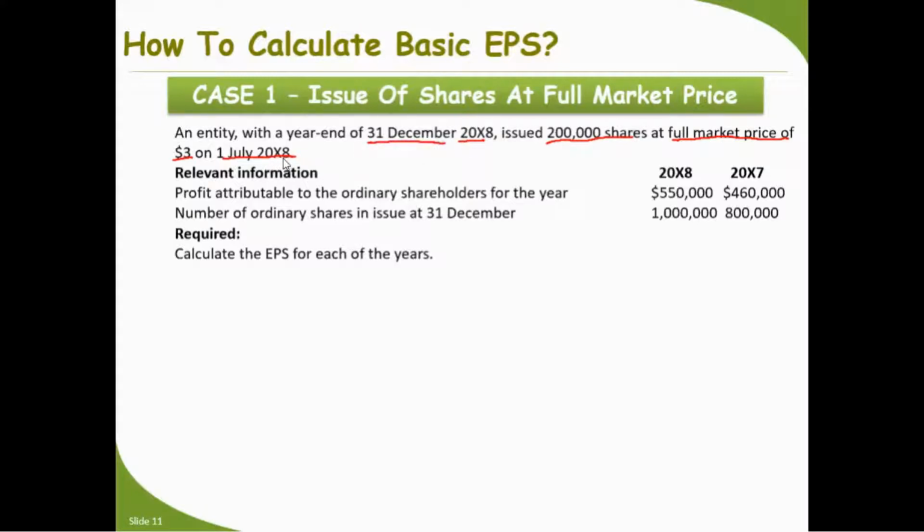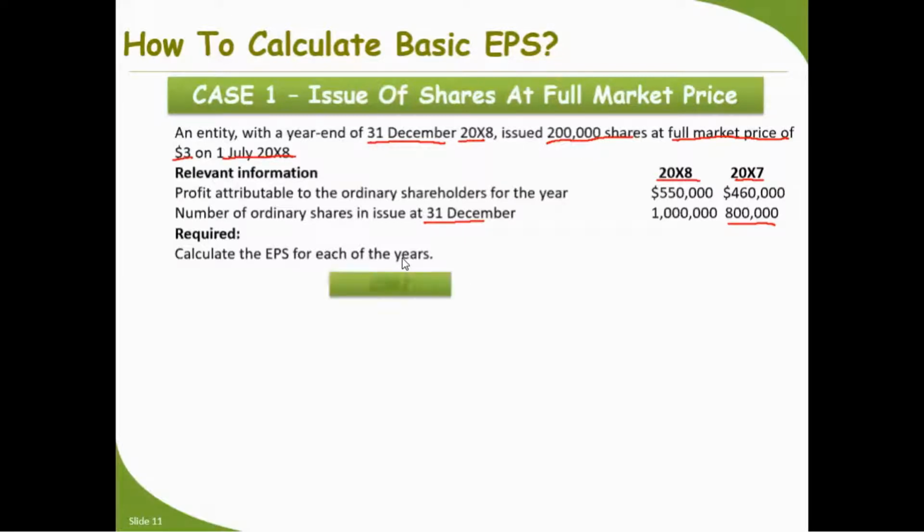On 1st July 20x8 you have issued 200,000 shares at full market price. So relevant information: data for 20x7 for comparative figures, and for 20x8, profit attributable to ordinary shareholders, and number of ordinary shares in issue at 31st December last date, 800,000 you have for the preceding year, and during this year you have issued 200,000 shares. Okay, calculate the EPS for each of the years.